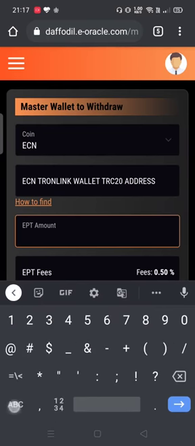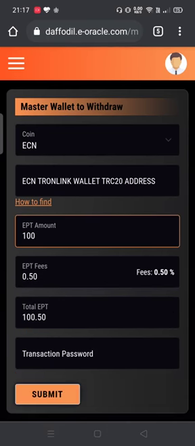If you keep 100 EPTs, that means if you have 100 EPTs to withdraw, it will show the withdrawal in EPT only, but it will directly come to your ECN at the market price of the Monday.